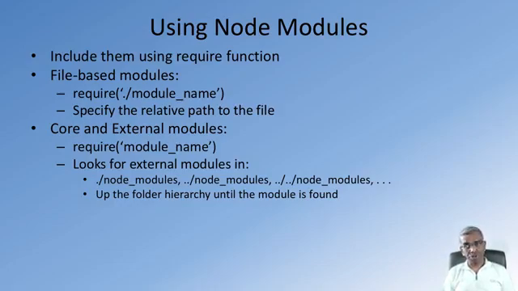If it is an external module, then it will be installed within the node_modules folder in the current folder, or if Node doesn't find the external module there, it will go up to the next higher level folder looking for the Node module, and up the hierarchy until it locates the Node module, which will then be imported to be used within your Node application. If it is unable to find the Node module up the hierarchy, then it will obviously raise an error saying that the Node module is missing.